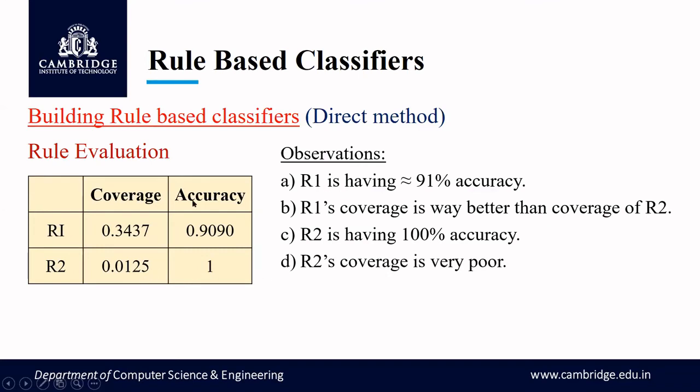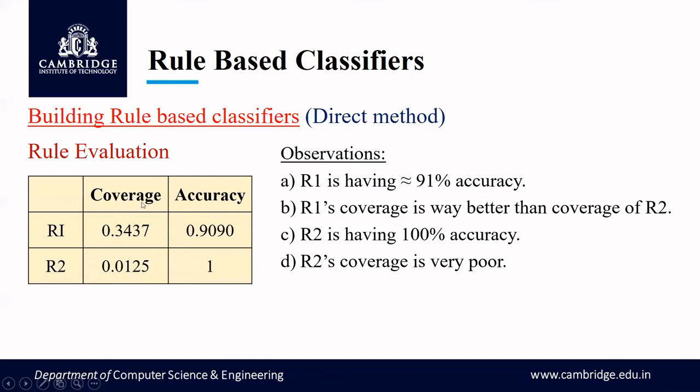Now if I consider accuracy as the evaluation measure, since R1 has 91% and R2 has 100%, we can tell that with respect to accuracy R2 will be the better one.